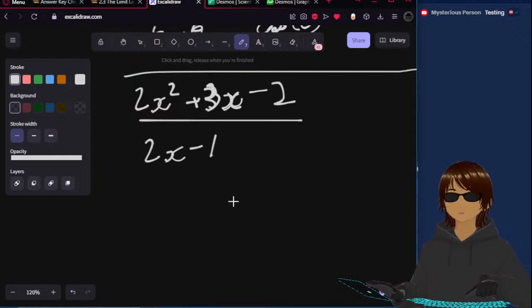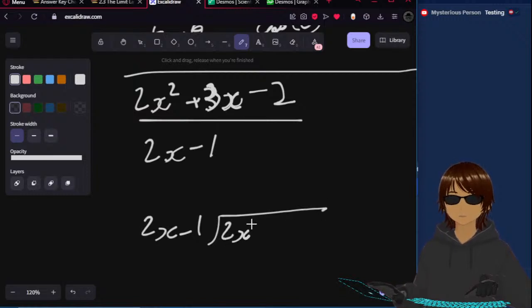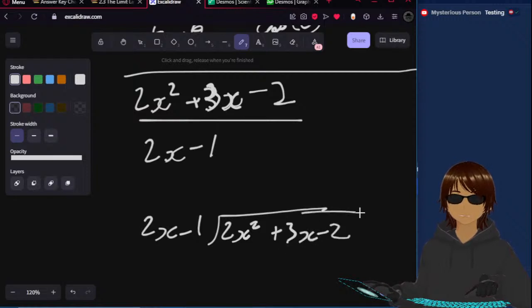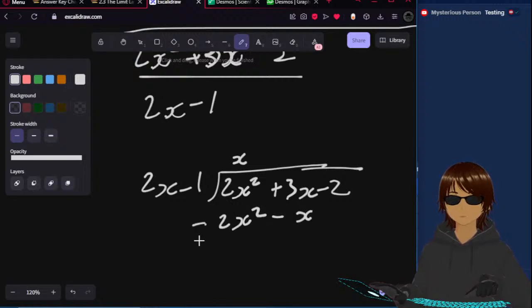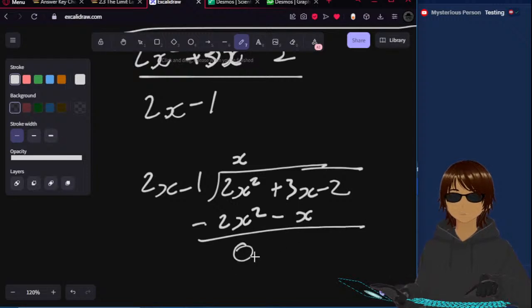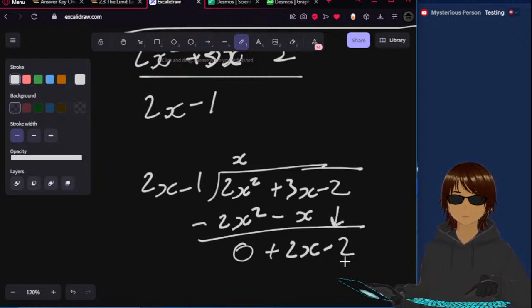Right. Let me see if I can get something from here. Zero, and then 3x minus x is plus 2x minus 2.